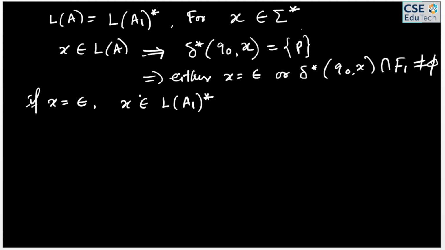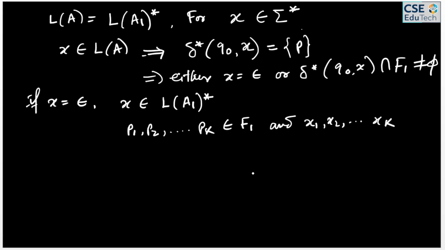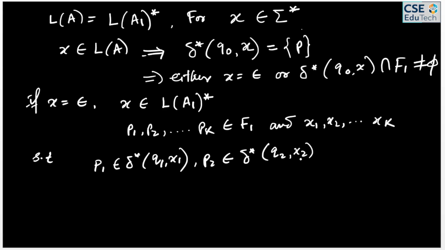Otherwise, there exist some states, suppose P1, P2, up to Pk, which belong to the accepting states F1, and strings x1, x2, up to xk, such that P1 belongs to delta star of q1 and x1, and P2 belongs to delta star of q2 and x2.